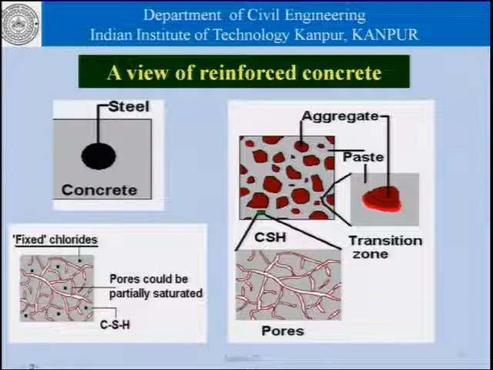We said that we will look at reinforced concrete as steel bars embedded in concrete, and concrete itself would be basically considered a conglomerate of coarse aggregate embedded in mortar, and the cement paste would be the integral part of the mortar as shown here, and would comprise of solid CSH and pore spaces.